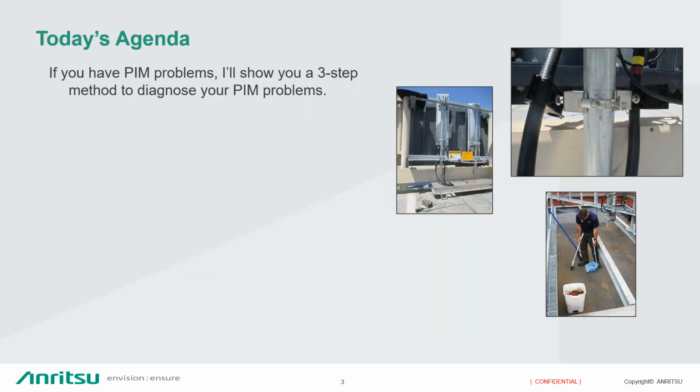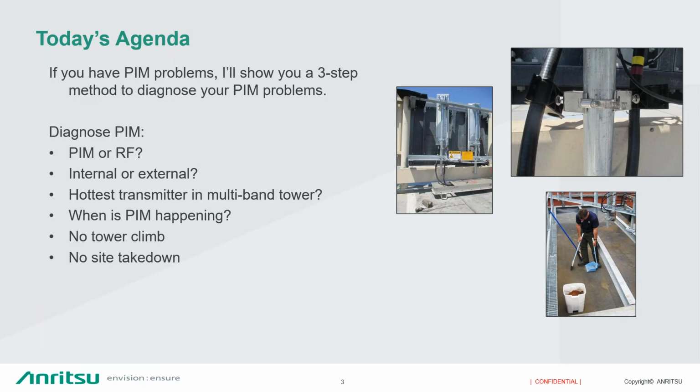So in today's agenda, if you do have PIM problems, I'm going to show you a three-step method to diagnose these problems. And when I say diagnose, I'm going through a few questions that you will normally go through in a PIM hunting exercise, which is, do I actually have PIM or is it RF interference? If it is PIM, is the PIM internal or external?